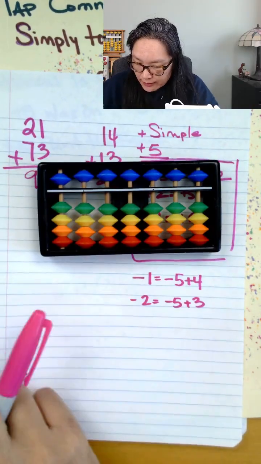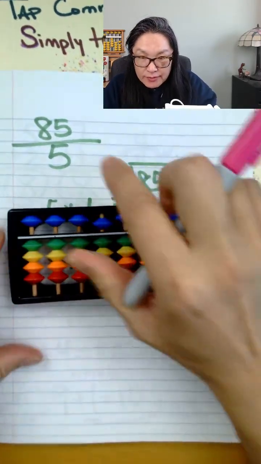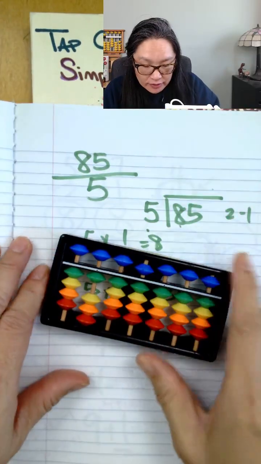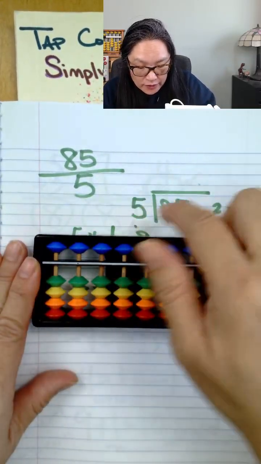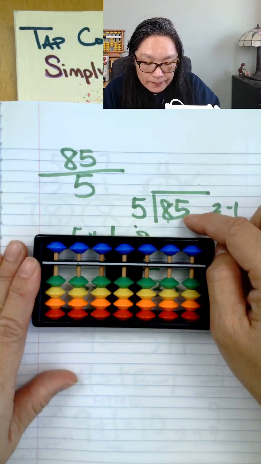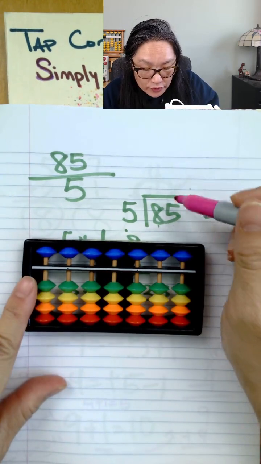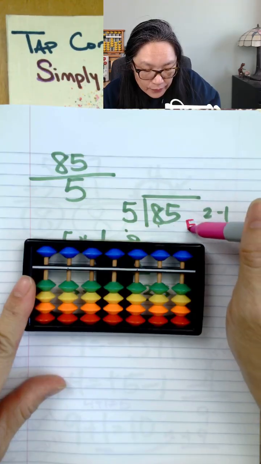So what does that mean? Well, let me see. Here's my fraction. So we were going to do fractions. Well, let's rewrite it. This is how we rewrite the fraction. So what are we doing with division? Well, the first thing we do is we have to find our starting point, right? To find our starting point, we have to take our dividend.